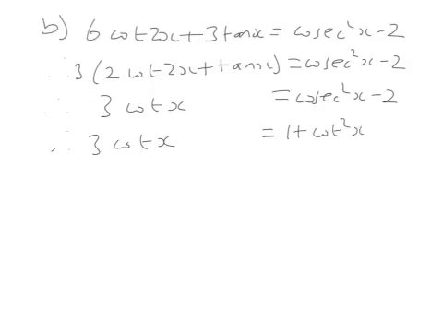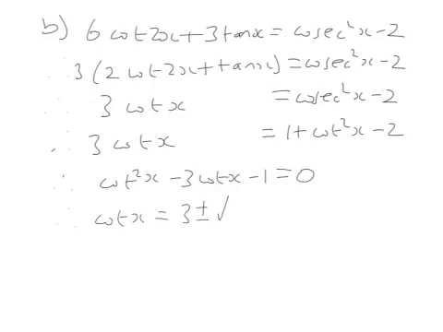Now 1 plus cot squared is cosec squared, so 3 cot x is 1 plus cot squared x minus 2. So we can get a quadratic equation, cot squared x minus 3 cot x minus 1 equals 0. This is obviously a quadratic in cot x. I don't think it factorises, so cot x is minus b plus or minus the square root of b squared minus 4ac all over 2a.